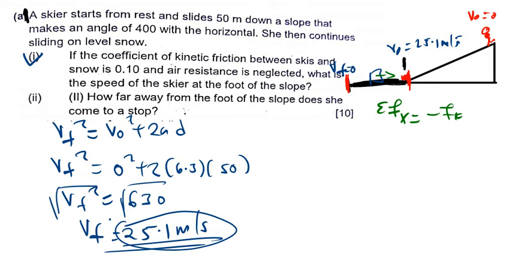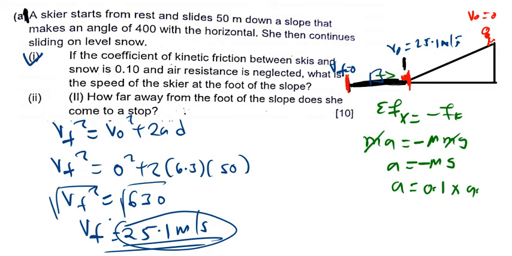Then I'm going to say ma will be equal to mu times the normal force. Normal force in this case, on level ground, is just mg. Cancel m, we don't have m. a will be equal to mu times g. The mu is 0.1 times 9.8, and it is going to be negative 0.98 meters per second squared.